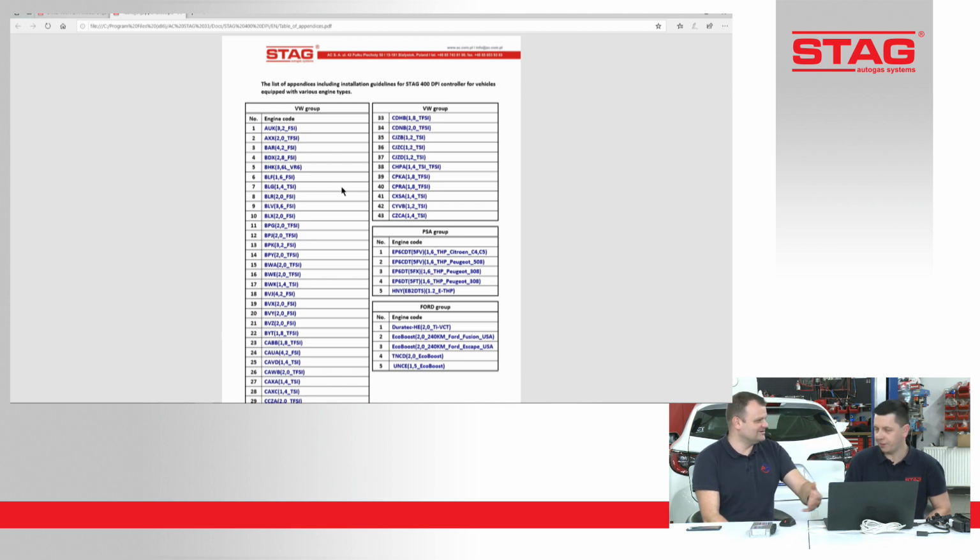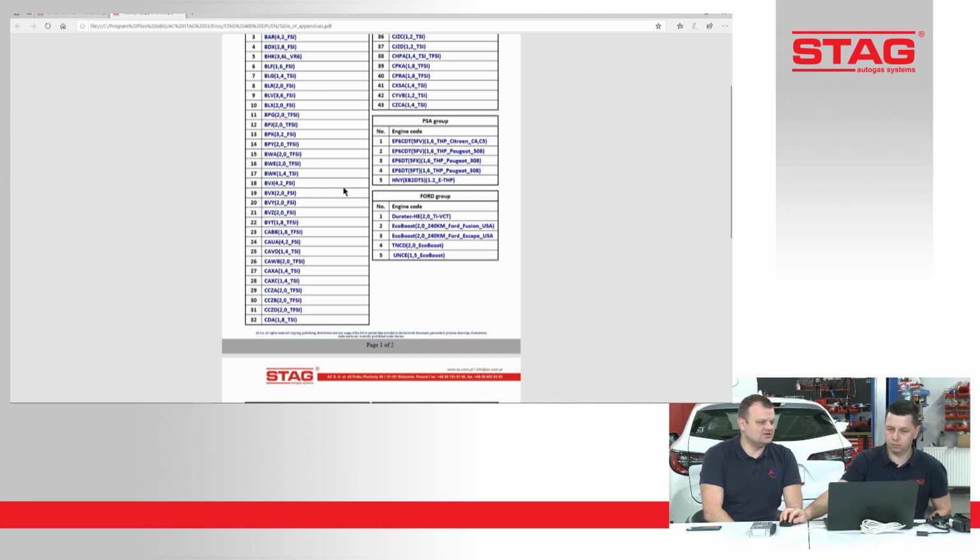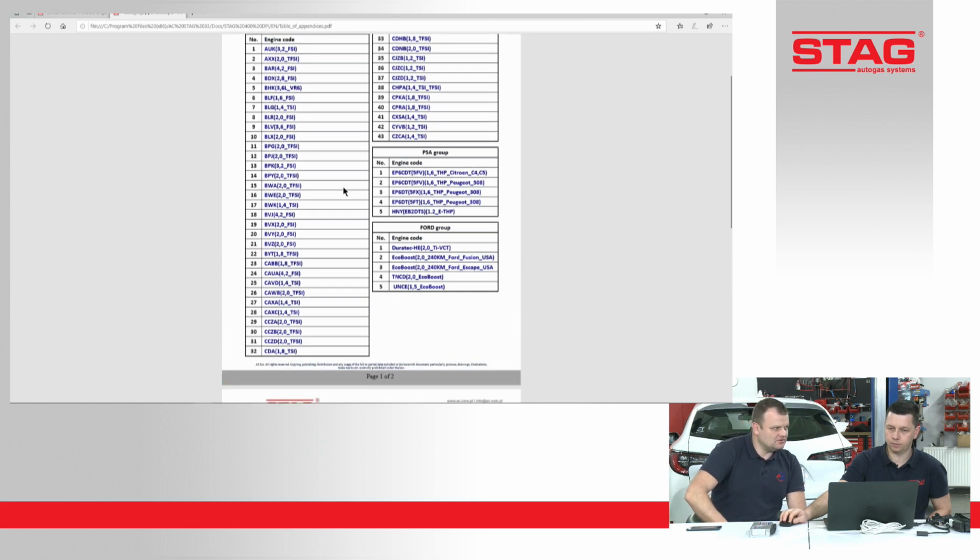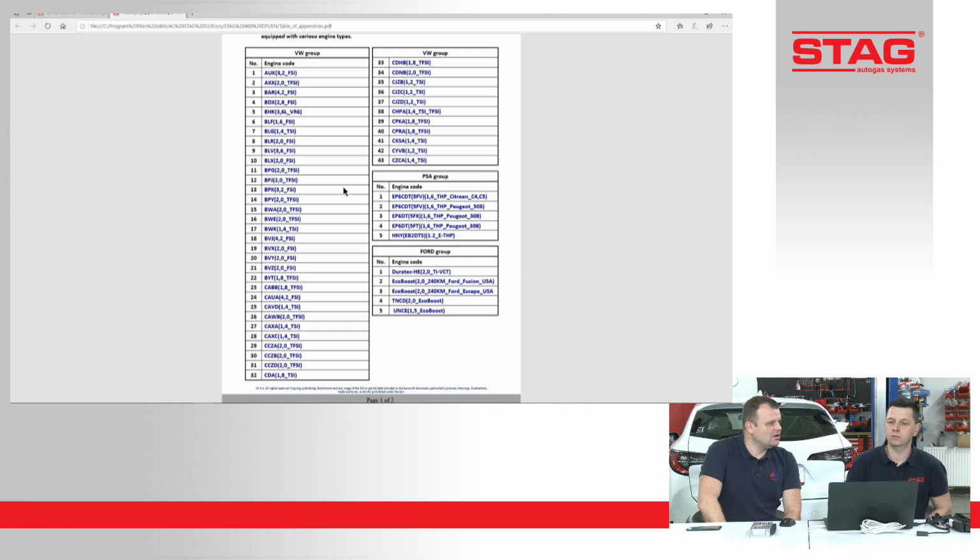In the case of Volkswagen, the main information is on the cover of the timing belt or timing chain. There you can find a white label, and on the white label there is information like the engine code. The second place where you can find it is in the baggage room.